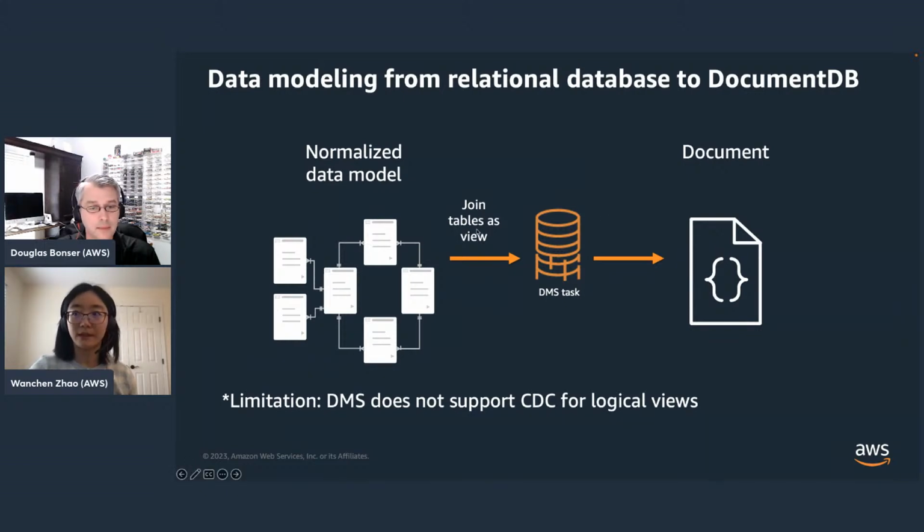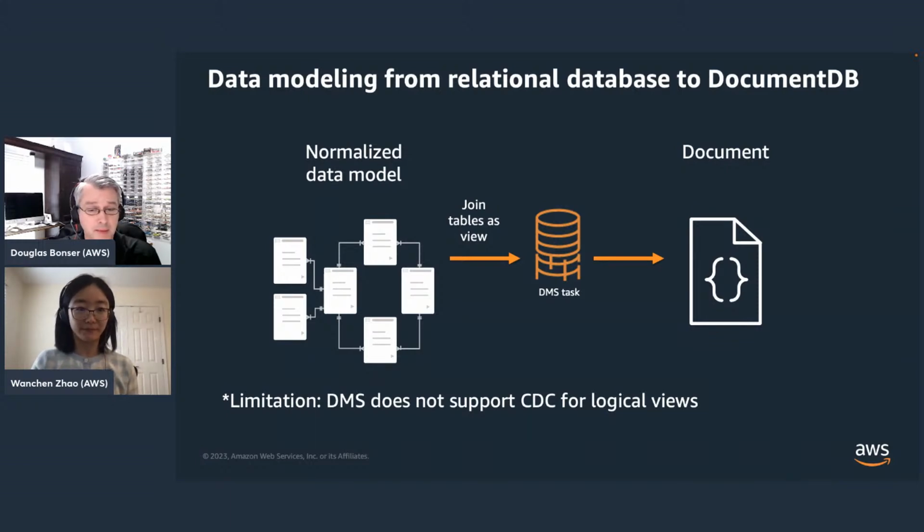So you can leverage views in your source database and use DMS to migrate from the view to the target DocumentDB. But pay attention to that. If it is a logical view in the source, then DMS can only extract the data, like an ETL kind of workload utilizing full load, but CDC ongoing changes would not be captured. But if it's a materialized view in the source, then definitely DMS has no trouble capturing the changes for those materialized views. Wow. Okay. Yeah.